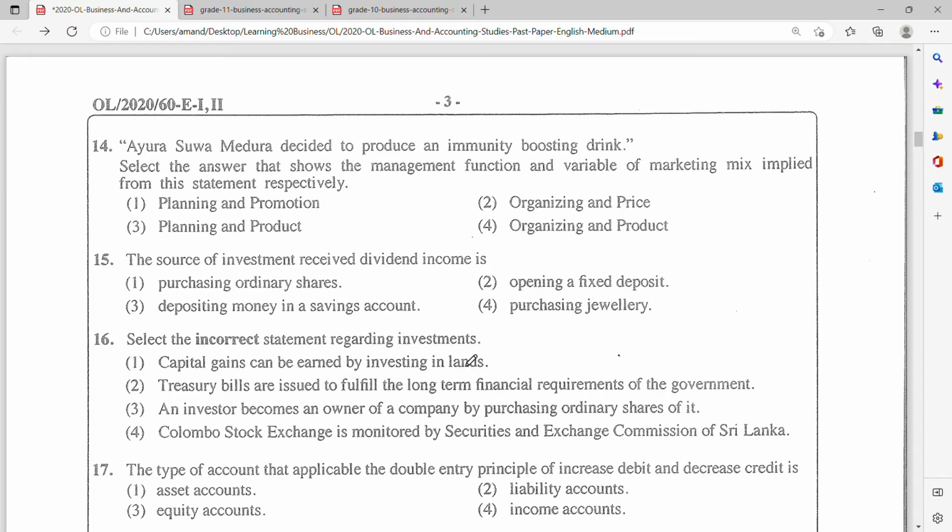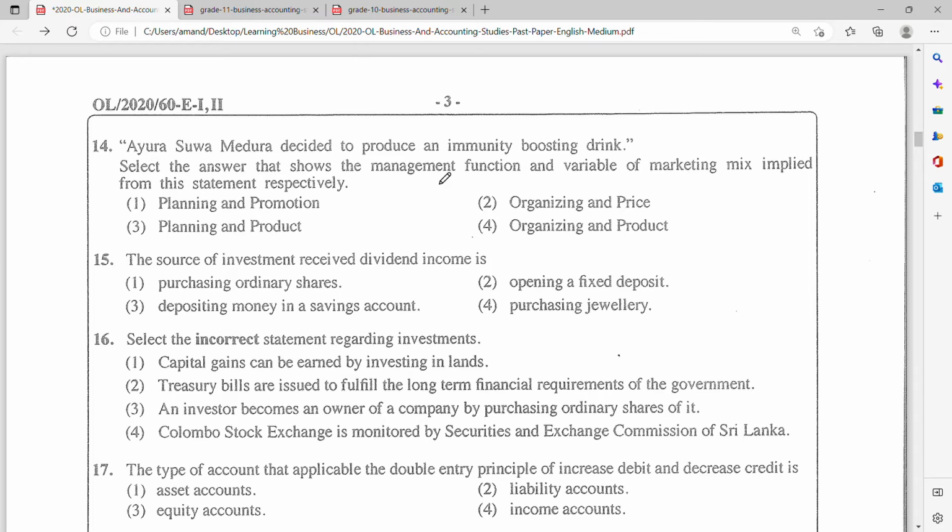So in this sentence that they have given, Ayura Suvamadura decided to produce. So it's planning, a decision to produce. They haven't allocated resources, they have not allocated HR, they are not controlling or checking whether the objective has been achieved. So clearly they are talking about the planning management function.